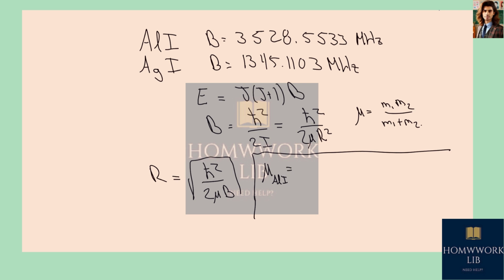This is going to be equal to the mass of the first one, which is aluminum, which corresponds to 26.98154. Remember that over here we can use grams per mole and then transform it into kilograms per molecule, employing Avogadro's number, or we can simply state it in atomic mass units.